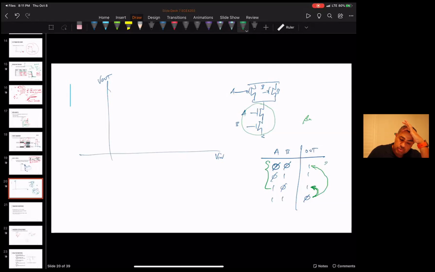Here you have two PMOS transistors in parallel turning on. Here you have one PMOS transistor turning on. So the effective beta P here is twice this beta P. So depending on which input's changing, if you're going from 1,1 to 1,0 or 1,1 to 0,0, the noise margins will be different.